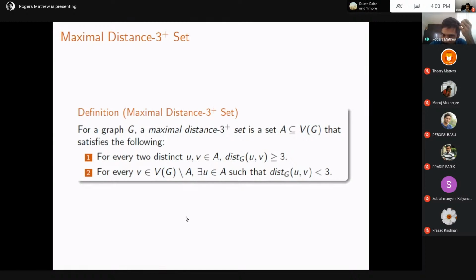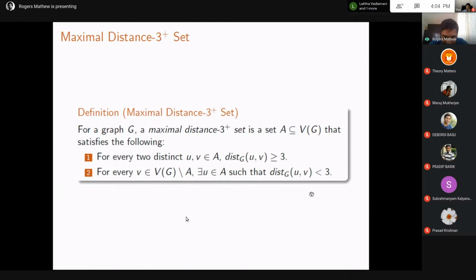That is also clear, because if the distance of this outside vertex V to every inside vertex was greater than or equal to 3, then we would have added V to A, because it wouldn't violate our first property. But right now we are looking at a maximal distance 3 plus set, which means it's maximal. You cannot add any more vertex to the set A. The moment you add any outside vertex to A, the first property will be violated.